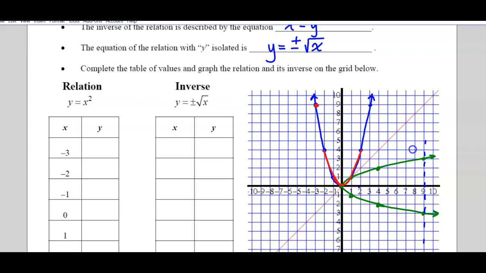No. Okay, because of that horizontal line. If I took that as my red and took the inverse, would it be a function? Yeah, counting that red.